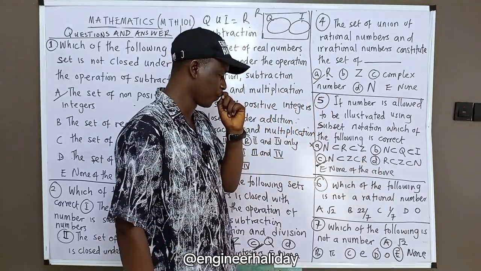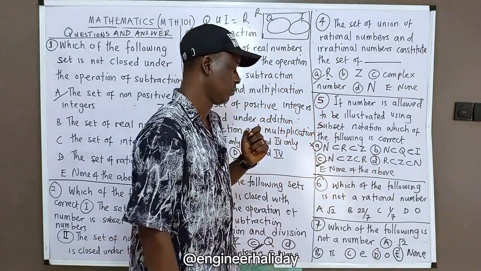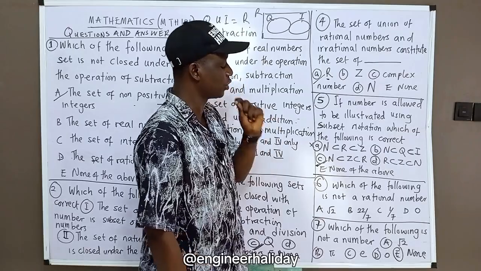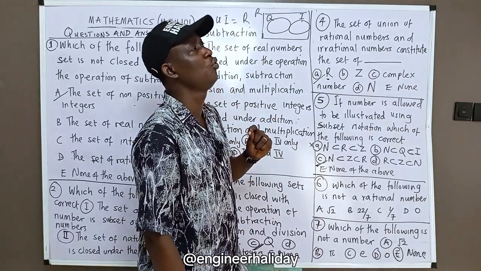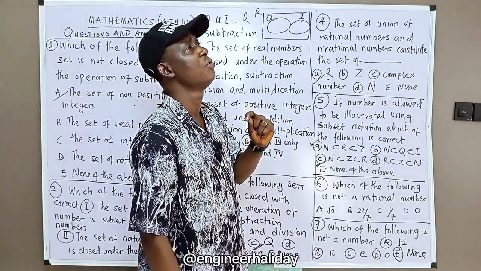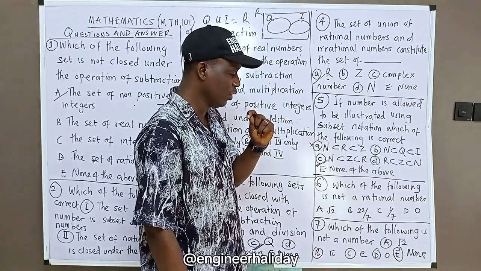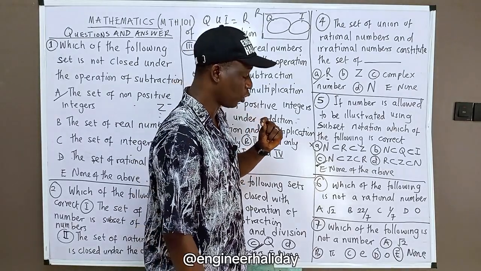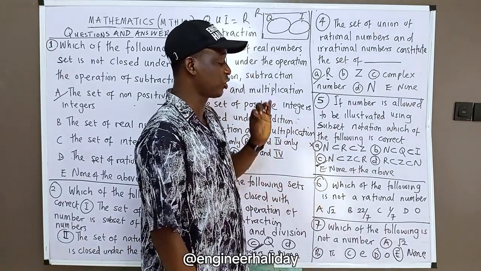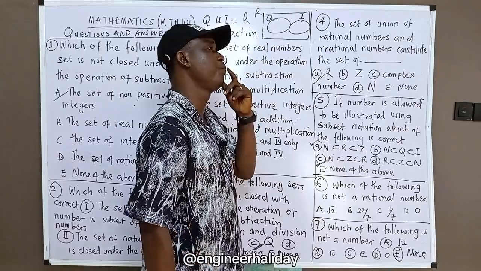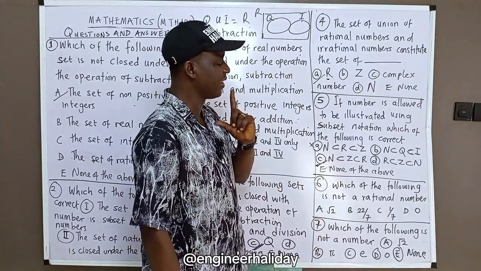So now let's go. Root 2, is it a rational number? No. Root 2 is not a rational number because it's an irrational number. Let's go. Option B, 22/7.